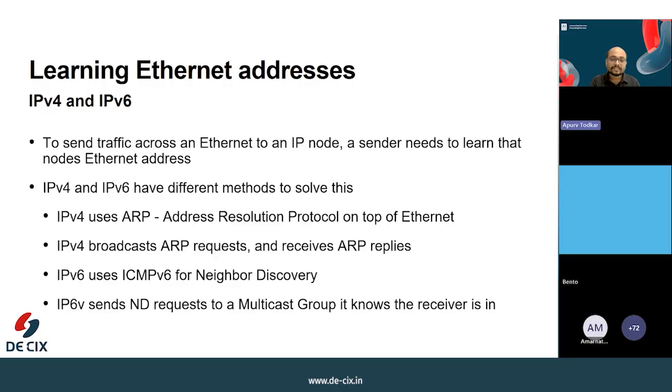IP version 4 uses ARP, the Address Resolution Protocol, on top of Ethernet, and it broadcasts ARP requests and receives ARP replies. On the other hand, IP version 6 uses ICMP version 6 for neighbor discovery, and it sends the neighbor discovery request to a multicast group where it knows the receiver is listening. So this is how Ethernet addresses are learned for IP addresses in IP version 4 and IP version 6.